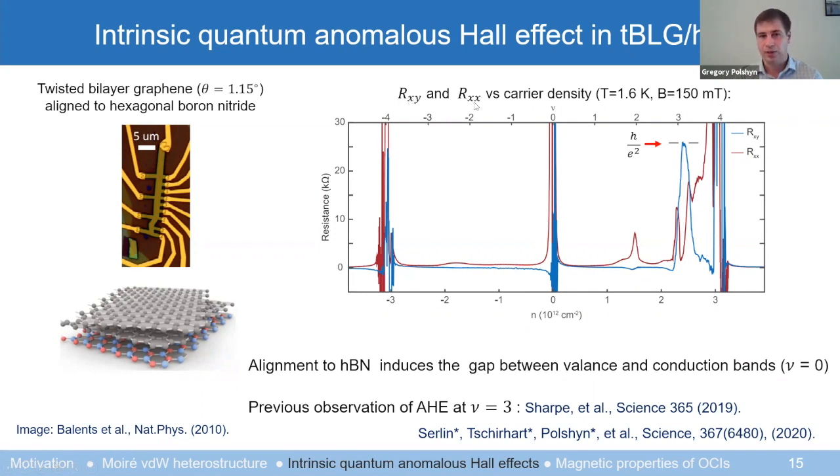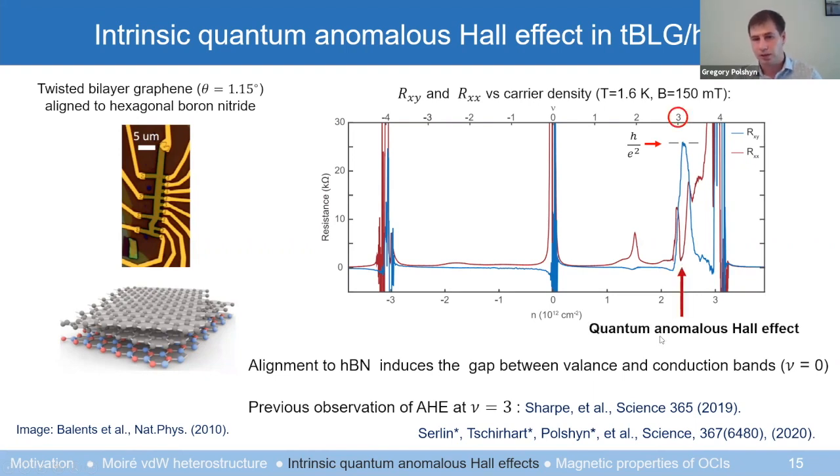longitudinal and transverse resistance measured again across valence and conduction low energy bands. In contrast to non-aligned twisted bilayer graphene, there is now a robust insulating state, and valence and conduction bands are separated by a gap. But the most interesting feature here is that in a narrow range of carrier density, around nu equals 3, the Hall resistance approaches the h over e squared quantized value, while the longitudinal resistance becomes low.